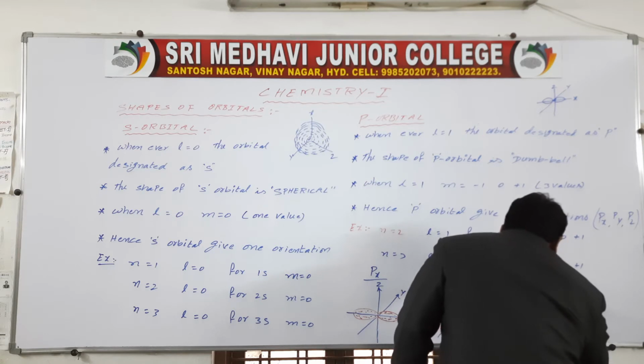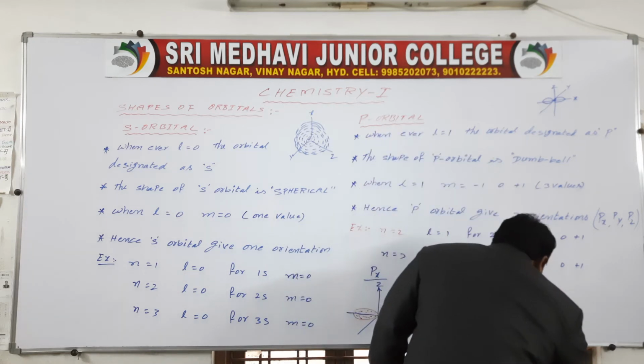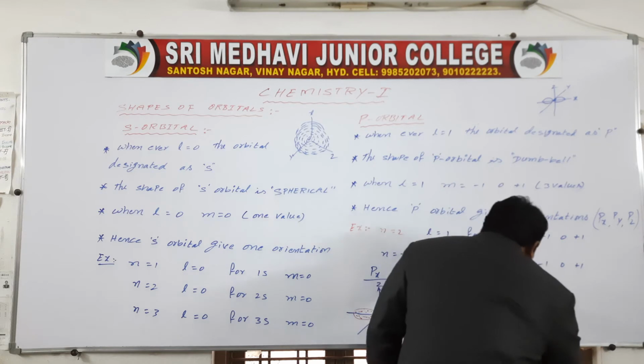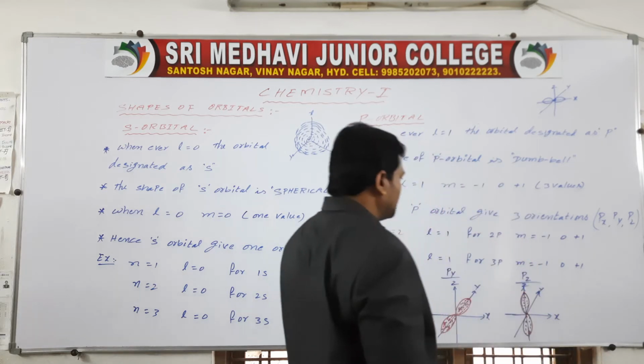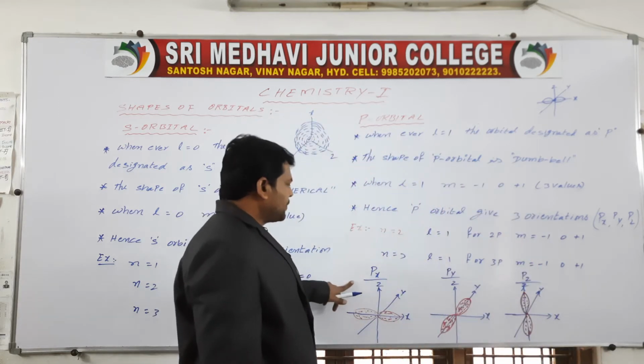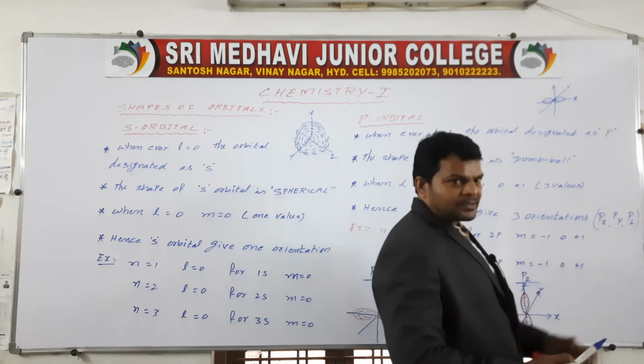Now for pz, the electron cloud is on the z axis. These are electrons. So px, py, pz. M values are -1, 0, +1.